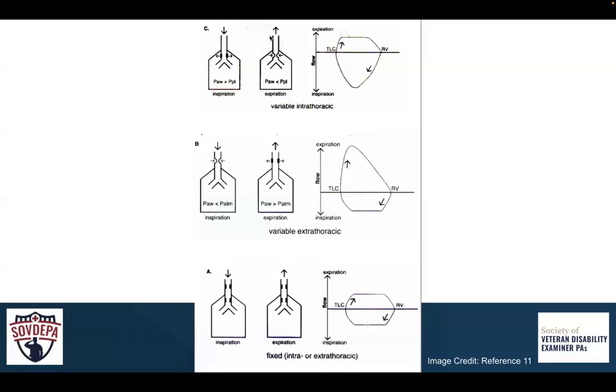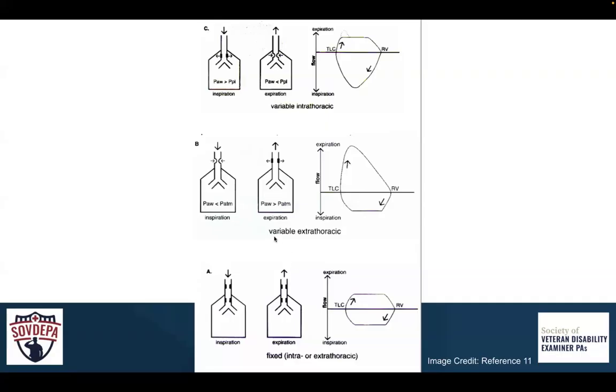But when you're expiring, when you're exhaling, these small airway pressures cannot compete against the area of obstruction. So again, like a lung cancer, including the trachea intrathoracically, or granulomatosis with polyangiitis, formerly called Wegener granulomatosis.